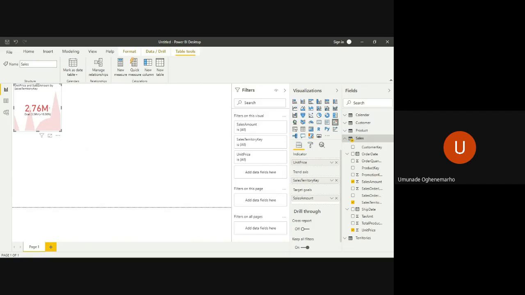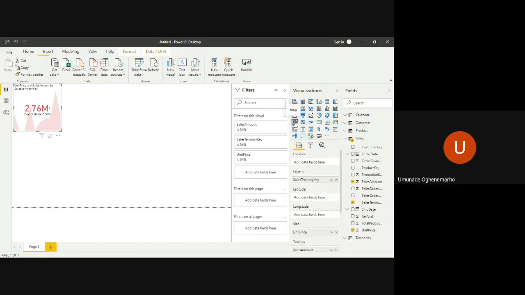Now, for maps, we have the field map and the normal map. Then we have the ArcGIS map. So let's start with this. So the legend is sales territory key. Let's remove this from here.